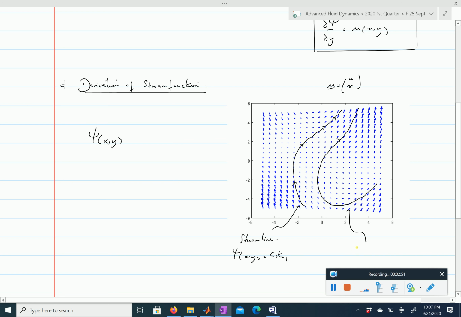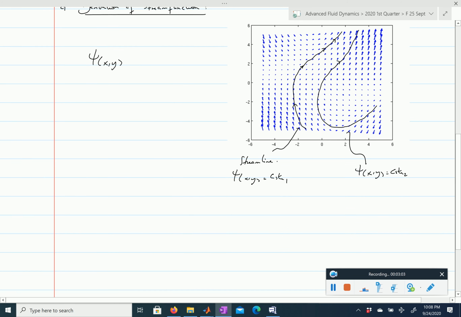This one would also be a contour. This streamline would also be a contour. Of course, the constant might be different. But this is the definition. This is how we want to build our stream function. So here, let's assume we want to build this stream function.